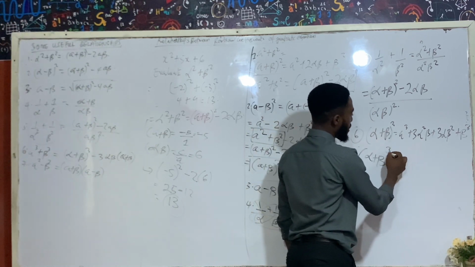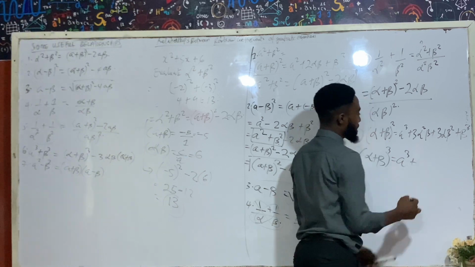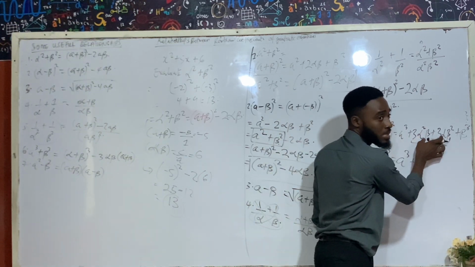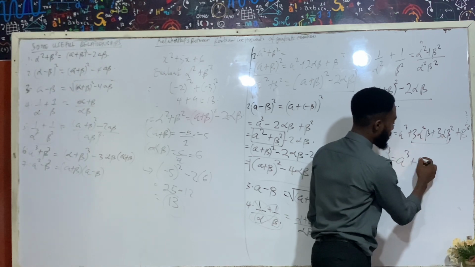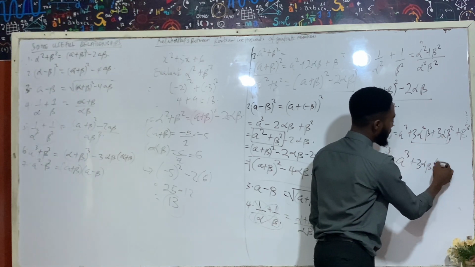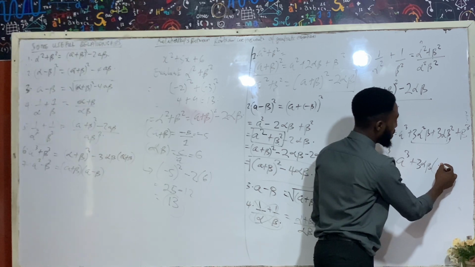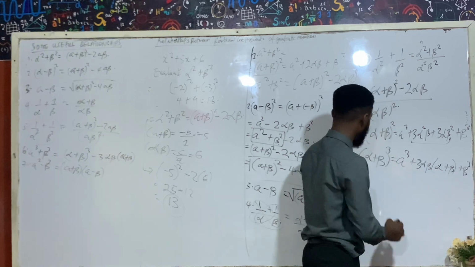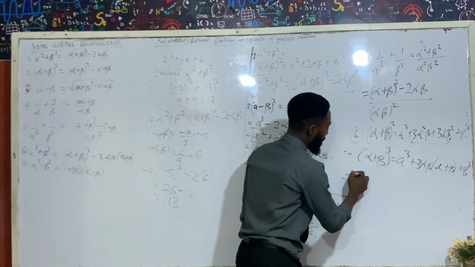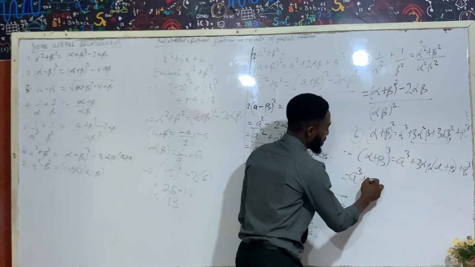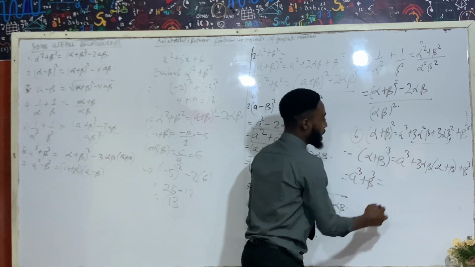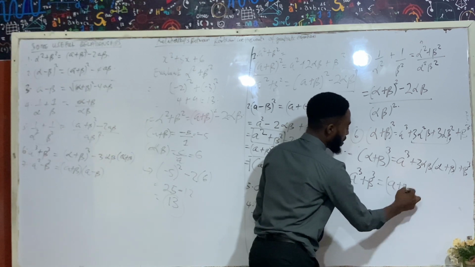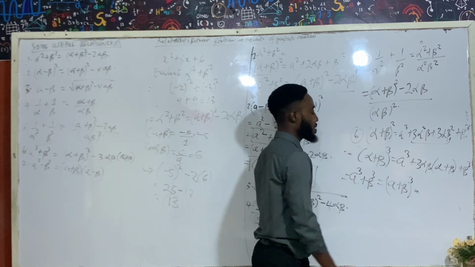Alpha plus beta all cube is equal to alpha cube plus 3 alpha beta, alpha plus beta, plus beta cube. So alpha cube plus beta cube is equal to alpha plus beta all cube minus 3 alpha beta, alpha plus beta.